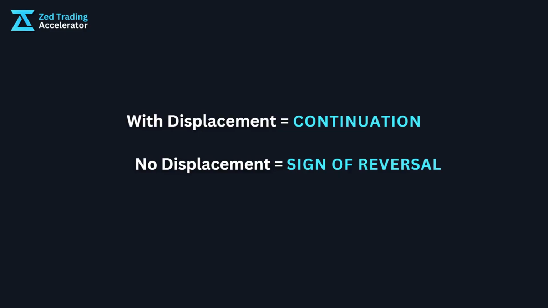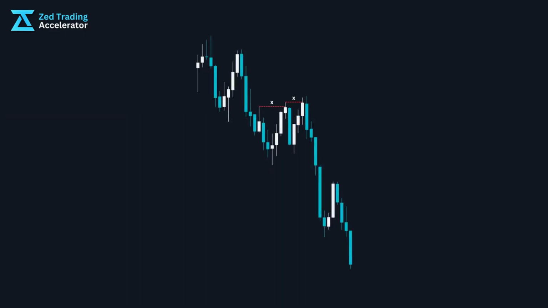But that doesn't mean that if there's no displacement, the price will reverse right away, right? We need more confluence. We want to see price displace in the real direction if we have a manipulation or liquidity grab, right? So for example, in this chart, we are overall bearish.